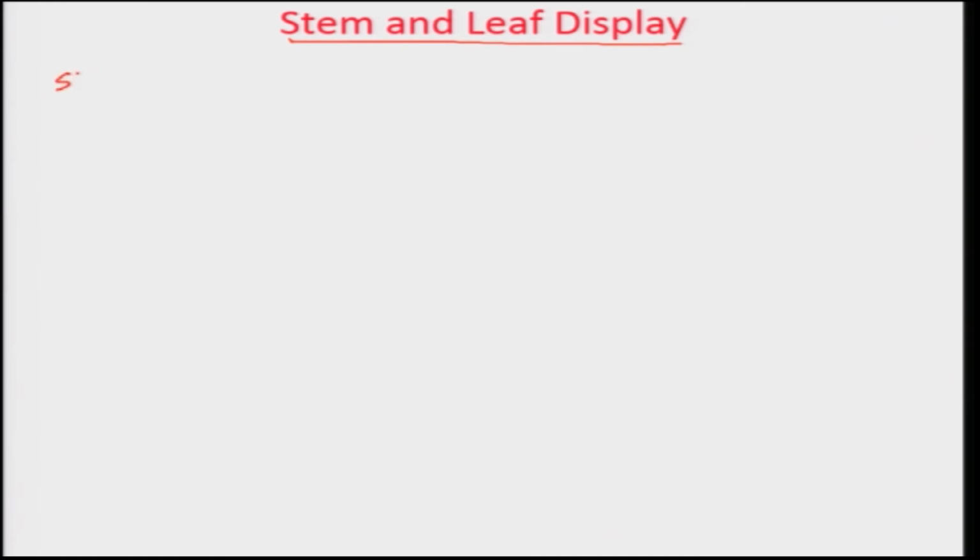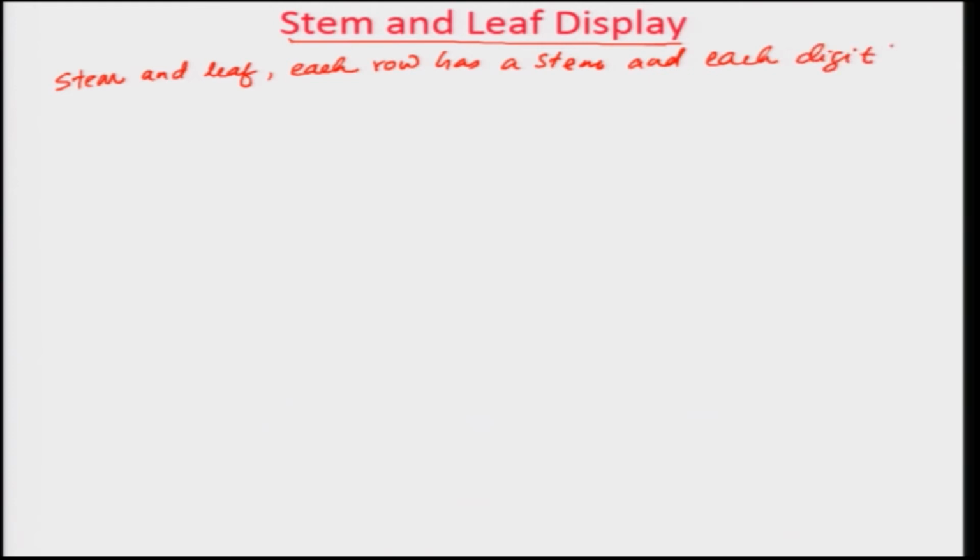So, in stem and leaf, each row has a stem, and each digit on a stem to the right of the vertical line. So, what does it actually mean is each row has a stem.